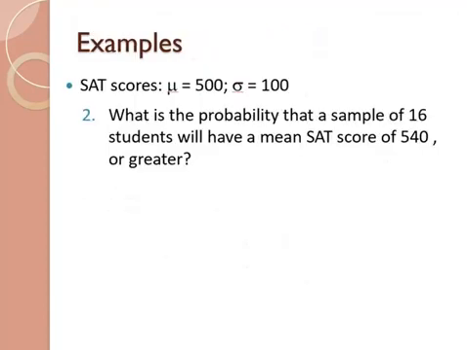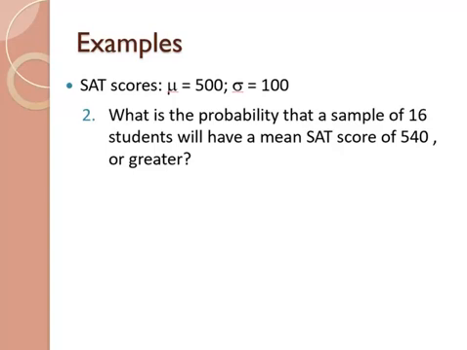Okay. Let's think about this a little differently, though. What's the probability that a sample of 16 students will have a mean SAT score of 540 or greater? Everything that you just did, you want to do again, except now for your z-score, instead of the standard deviation in the denominator of your test statistic, you're going to compute the standard error of the mean. Everything else is the same.